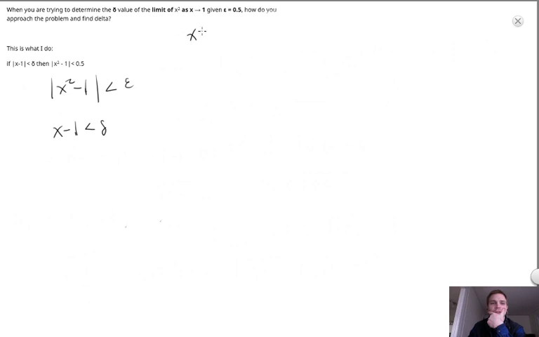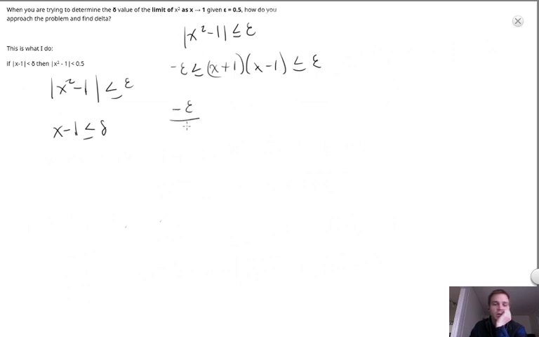So we're going to get x squared minus 1 abs less than or equal to epsilon. And so we're going to get epsilon is less than or equal to x plus 1, x minus 1. And we need this one. So then let's divide by x plus 1. Less than or equal to x minus 1, less than or equal to epsilon over x plus 1.